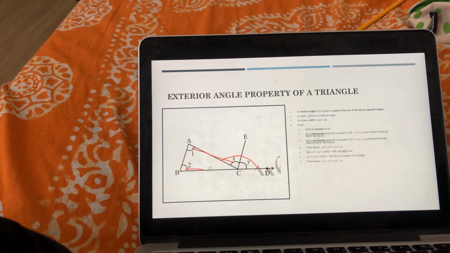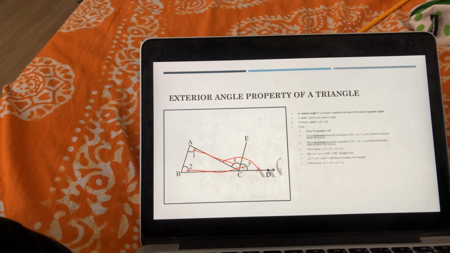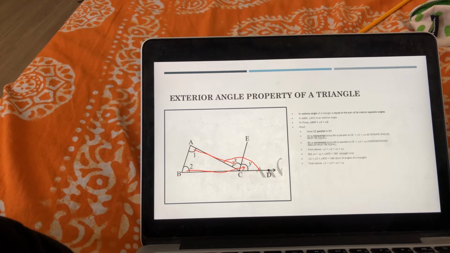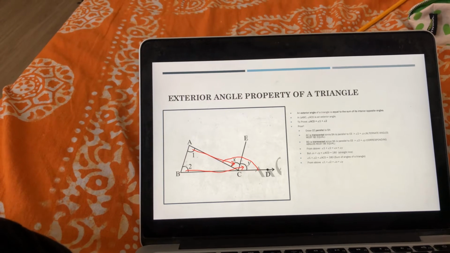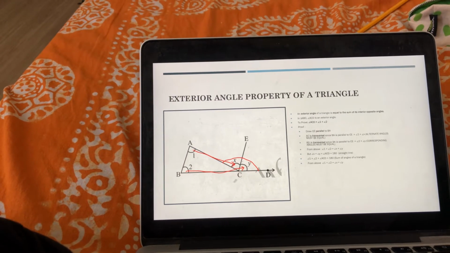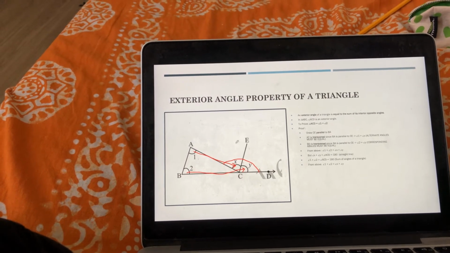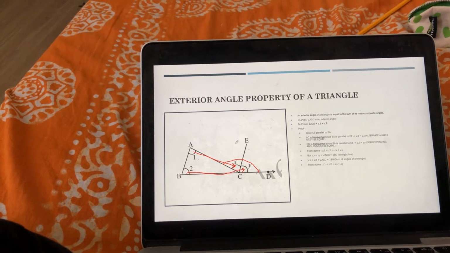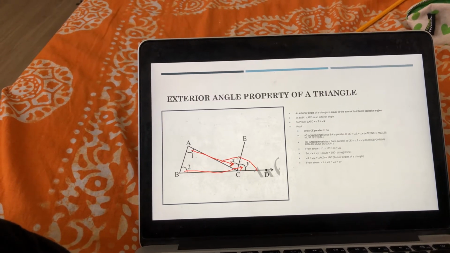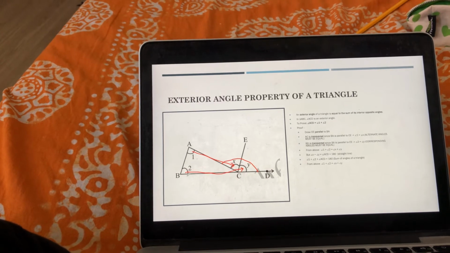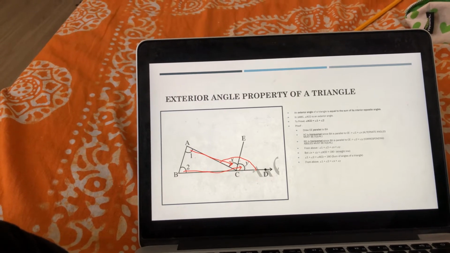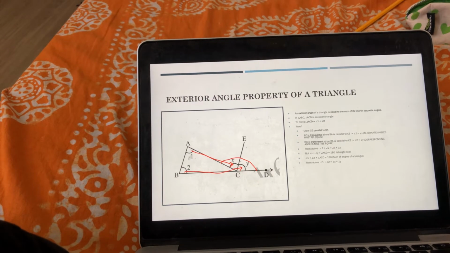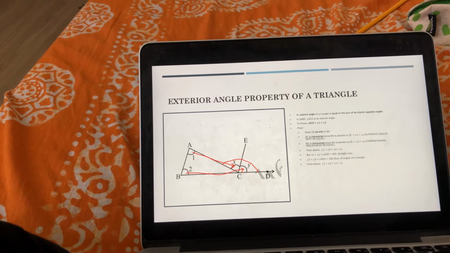So angle 2 must be equal to angle Y because they are corresponding angles. F shape is corresponding angles, C shape is alternate interior angles, if you remember the previous class. Angle 1 equals angle X, angle 2 equals angle Y. So x plus y is nothing but ACD, and x plus y is nothing but 1 plus 2. So 1 plus 2 is equal to ACD, and hence the property.